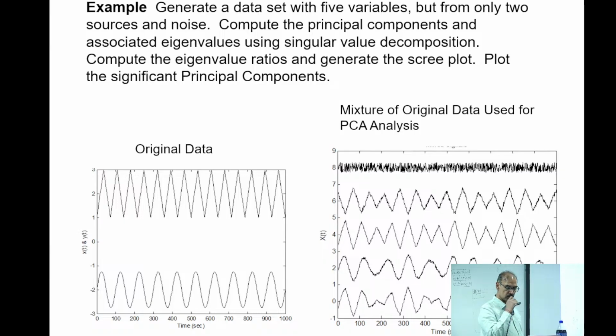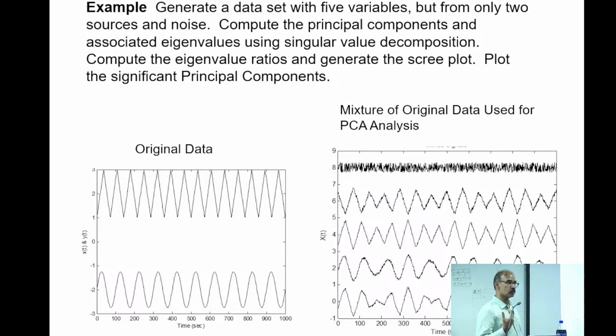So if I gave you this data, would you be able to tell that this data is composed of a linear combination of these two signals, right? How can you tell? Can you do frequency spectrum analysis to find out?